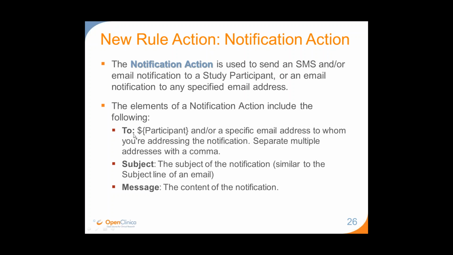In the To field, you can specify $2 participant, just as it's displayed here, because at a sponsor site, you should not have access to the participant information, the identifiable information. So you can pass that variable, and behind the scenes, OpenClinica will send the notification to the specific participant. It will send it in either SMS or email, however you connected them.